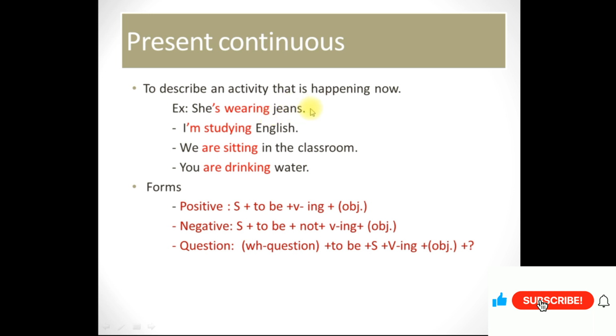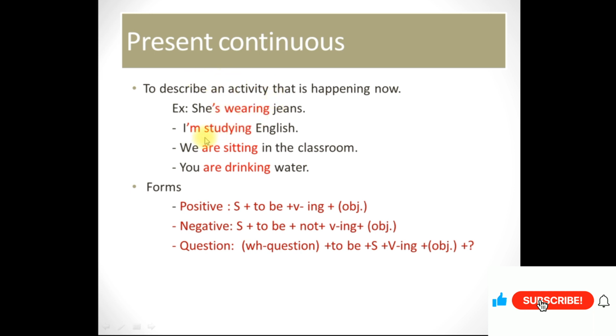And if she wears a t-shirt or other clothes every day, we use present simple. But right now the action is happening, so that's why we use present continuous.